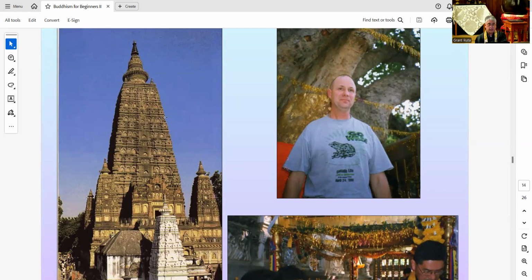This temple was very interesting in that until the 1800s, it was mainly buried underground. The reason it was buried was to protect it from the Muslim invaders.